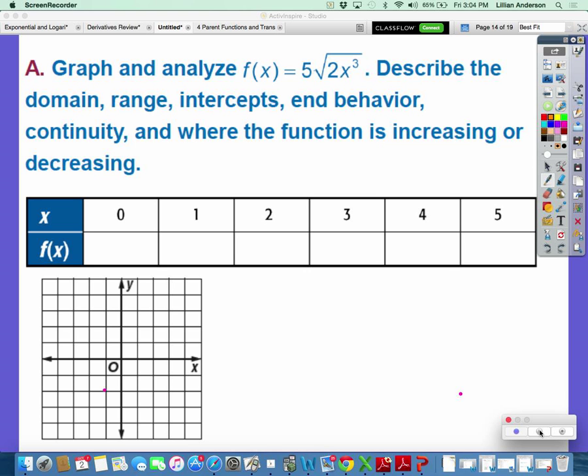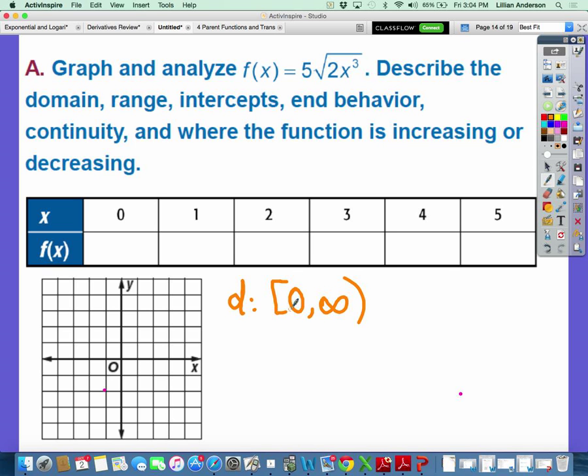You have a square root here, which means that your n is even or odd? Even. So that means your domain is going to be from 0 to infinity. What do you mean, odd or even? The index of the root. This is a square root, and technically, when we do square roots, we don't put a little 2 on the inside, but that's what the square root is.